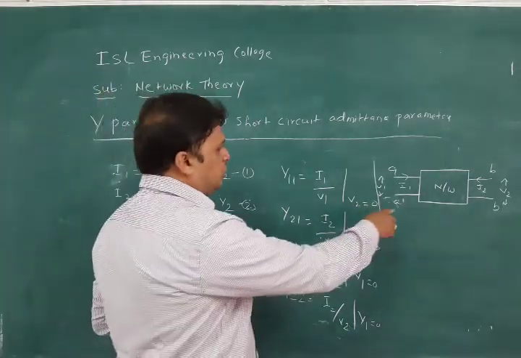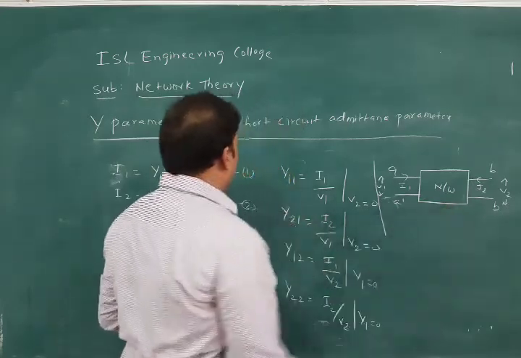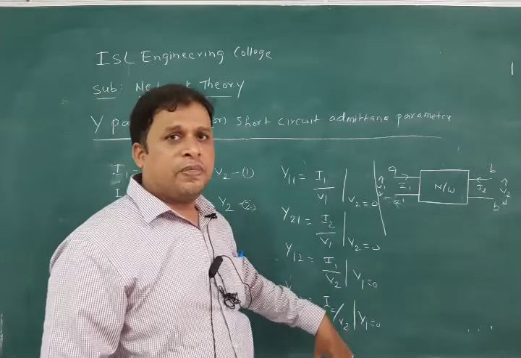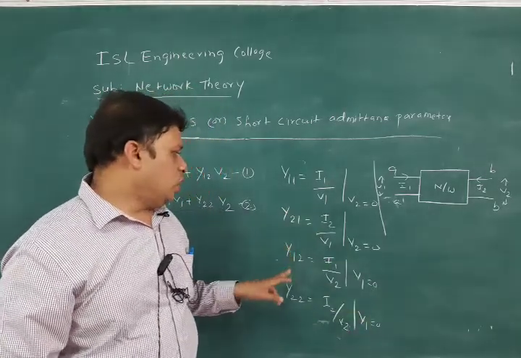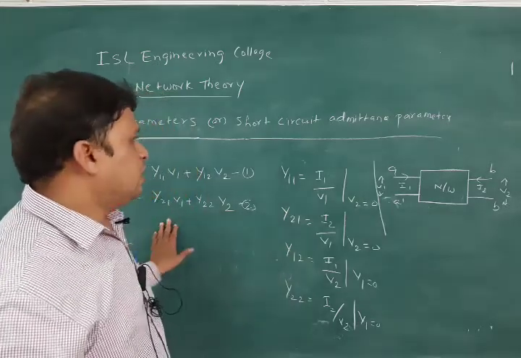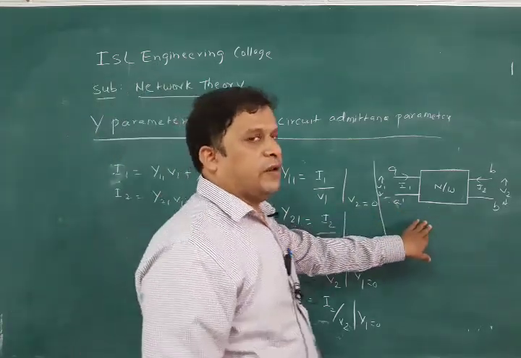So with this figure and these equations, you can easily derive the Y parameter equations. You got it, students? Y11, Y21, Y12 and Y22 can be easily found if you have both the equations and the circuit.